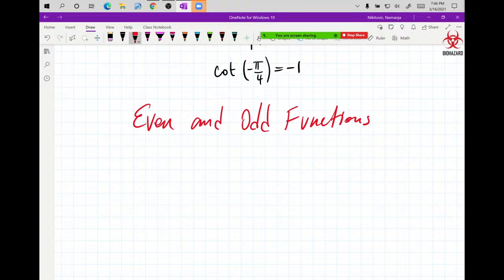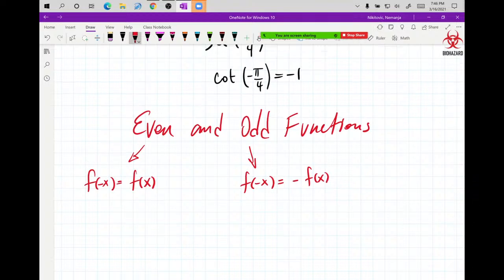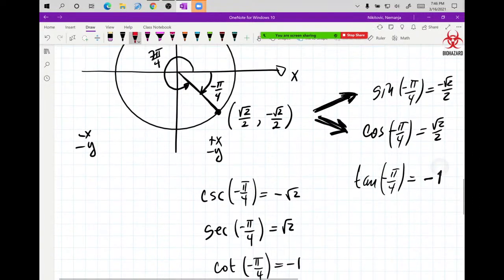Now, if you remember, the even was that f of negative x gave you back just f of x. And the odd, f of negative x gave you back negative f of x. Now that's exactly what we see here. Negative input, negative output. That's an odd function. Negative input, positive output, right?